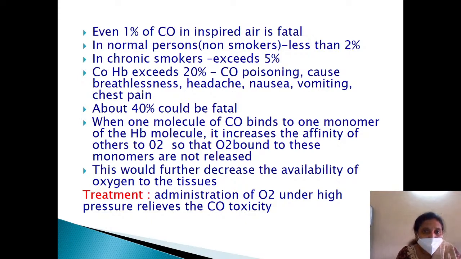That's why this form is unsuitable for oxygen transport. Because of this, there is a further decrease in the availability of oxygen to the tissues. Then how do you treat this? By administration of oxygen under high pressure, which releases the carbon monoxide, that is the CO.